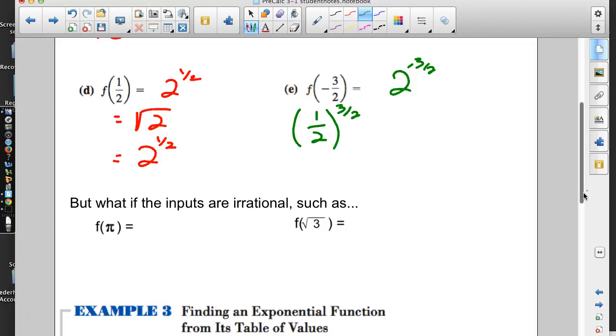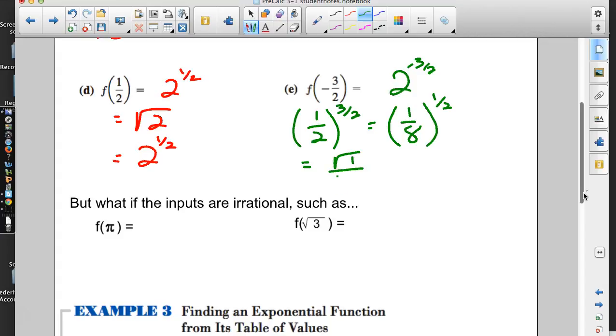So which way do you want to go first? You can do it both ways, everybody. It looks like some people are getting confused doing it that way. Do you want to do the cubing first? It doesn't matter. You'll get there.